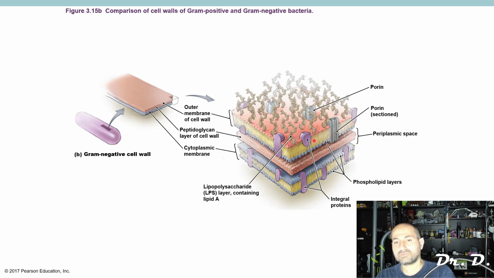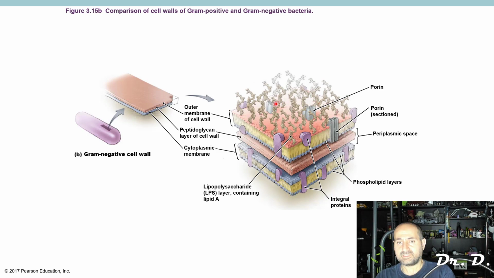And then look at here, what is this? This is a whole other outer membrane. This is called the outer membrane. And the outer membrane has a blue layer. You see the bottom layer is blue. That's regular phospholipids. And the outer part of the outer layer is in this red or orange color. What is this?